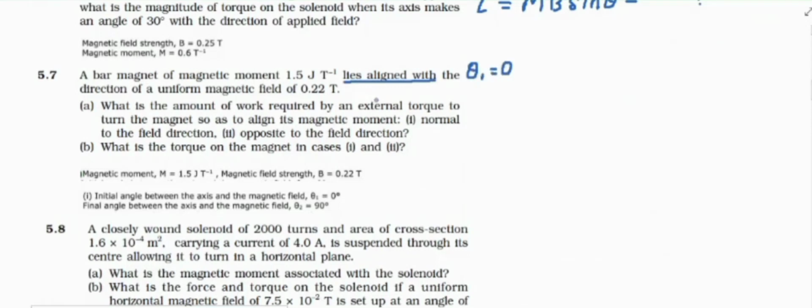Now, two cases are given. In case 1, the bar magnet is turned normal to the field direction. That means in case 1, theta 2 is equal to 90 degree.